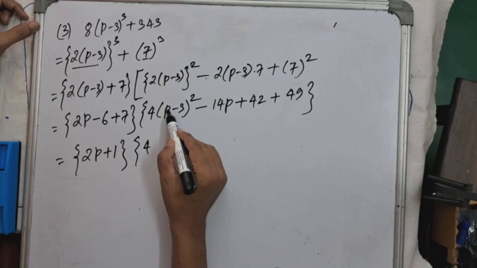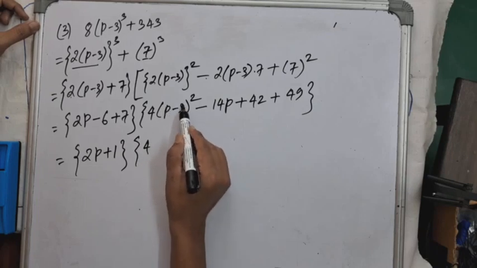So we can assume that this p as a and 3 as b. This becomes a minus b whole squared, isn't it?